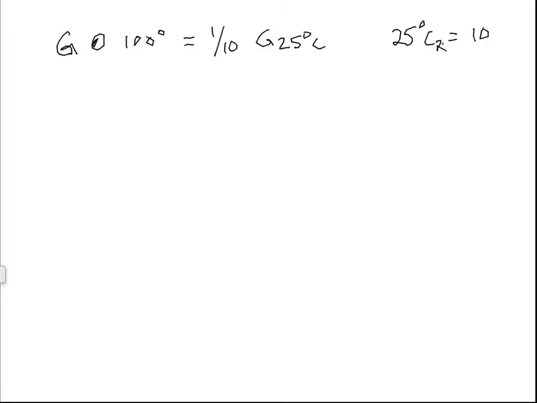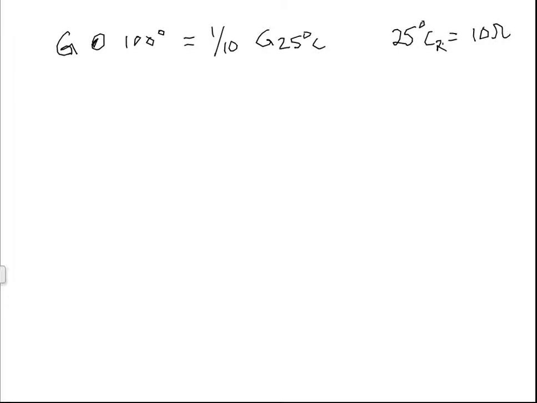This past weekend you had a question where the conductance of a wire at 100 degrees C equaled 1/10 the conductance of the wire at 25 degrees C. It should have been G. And at 25 degrees C, the resistance equaled 10 ohms.